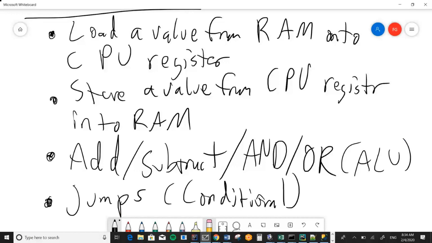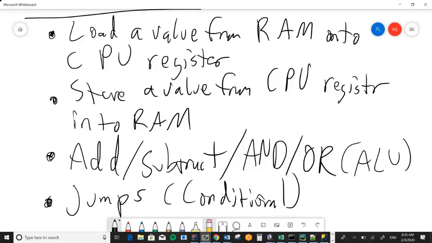Now you might be wondering, where do the conditions come from? And the answer is the ALU. Where in the ALU do you all think those conditions come from on our machine? Remember anything about the ALU outputs that might feed into jump conditions? NG and ZR.